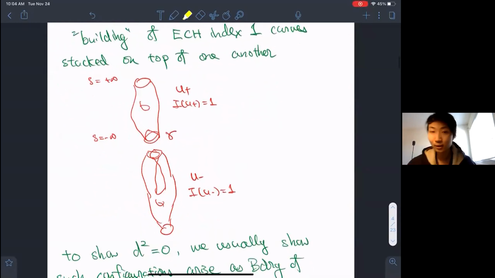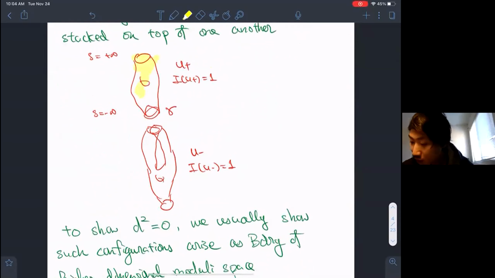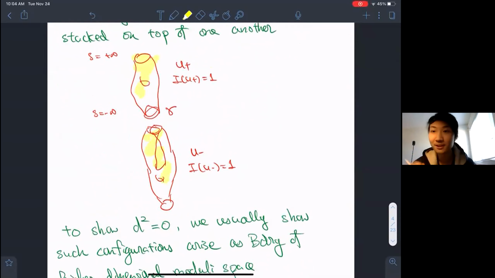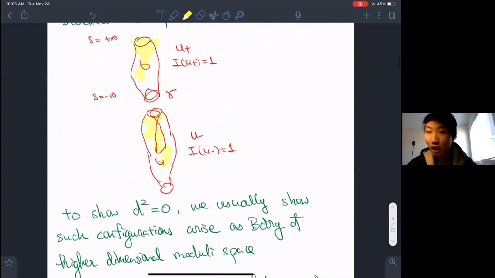The usual way of showing d squared equals 0 is to show that this configuration belongs to the boundary of some higher dimensional moduli space. Then the one dimensional moduli space has an even number of ends, and therefore the count is 0. The way we usually show it is the boundary of a higher dimensional moduli space is to glue these two things together at the ends.